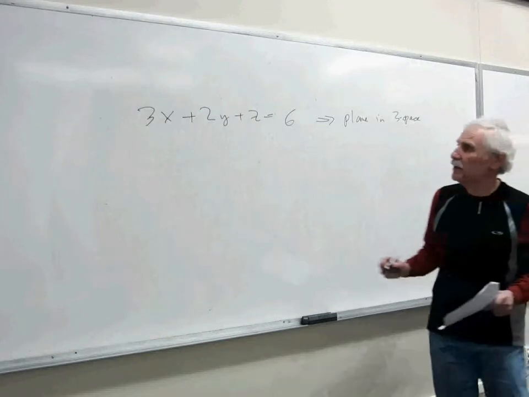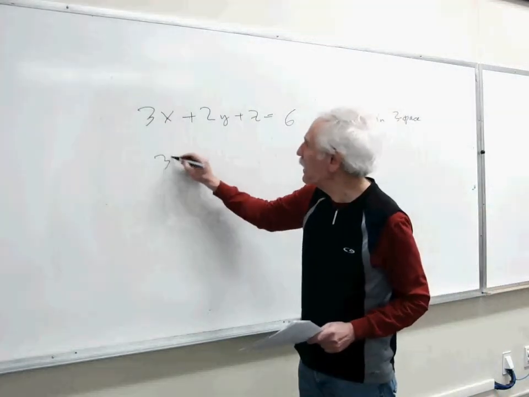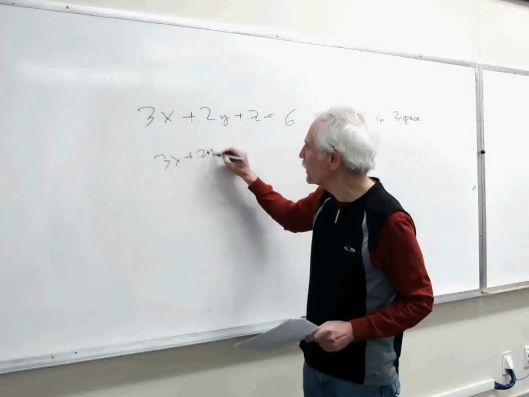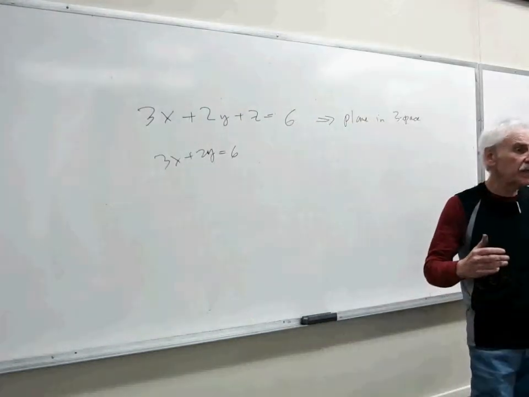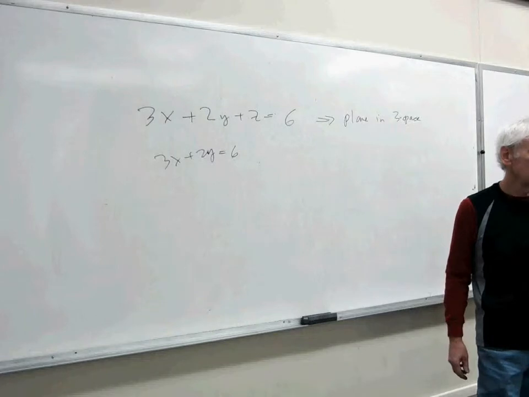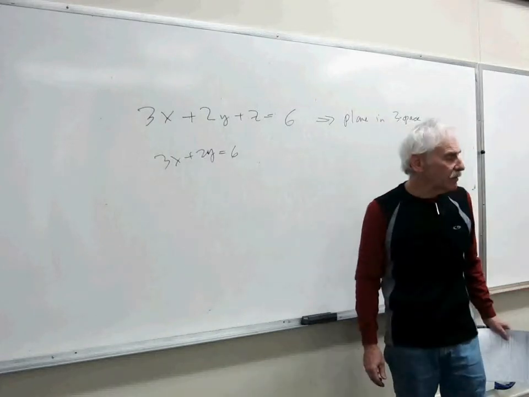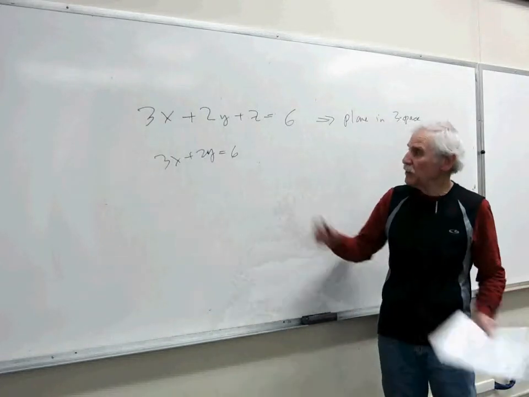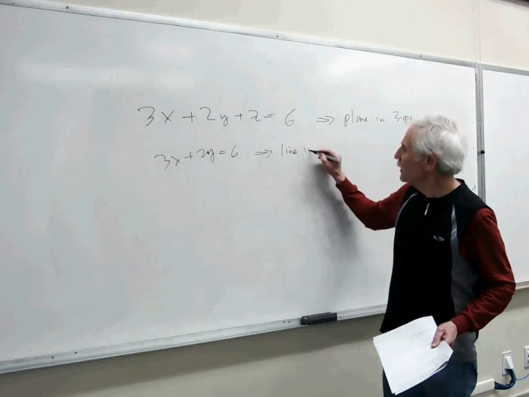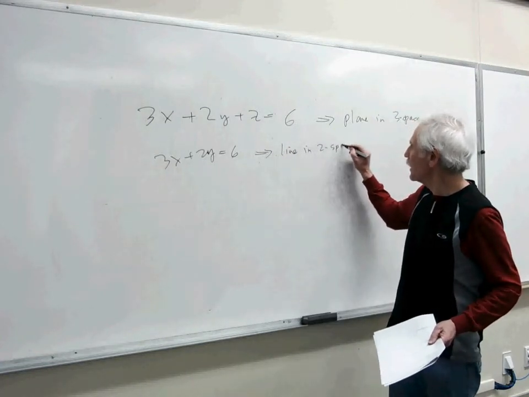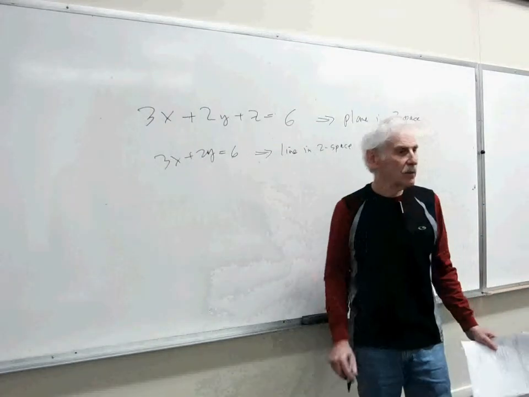Just like if I would have written 3x plus 2y equals 6 and asked you what that is geometrically, you would have said it's a line. It's a line in 2 space. That is to say, you can plot this.